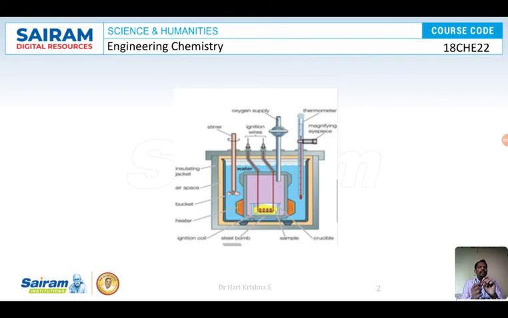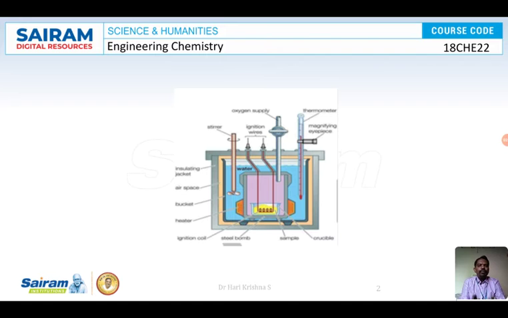We cannot open the bomb and ignite the fuel, isn't it? So for that reason, we are going to connect the wires. When we switch on the battery, a small spark will be produced, and that spark is sufficient to ignite the fuel. I will discuss the working later. So the electric ignition system will be provided.